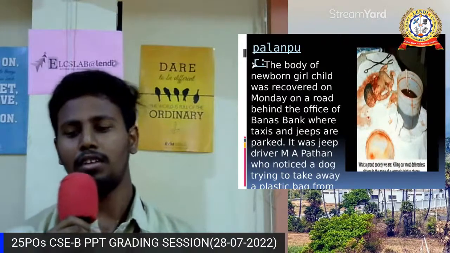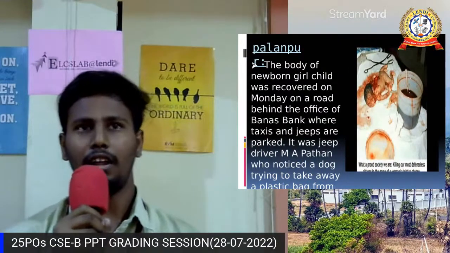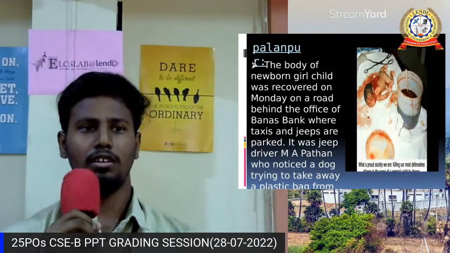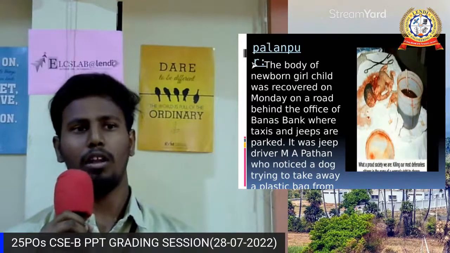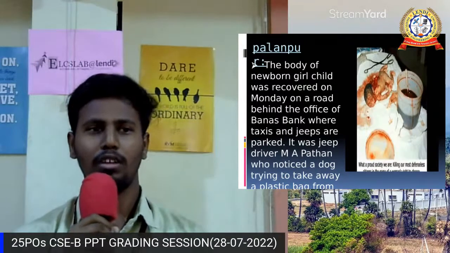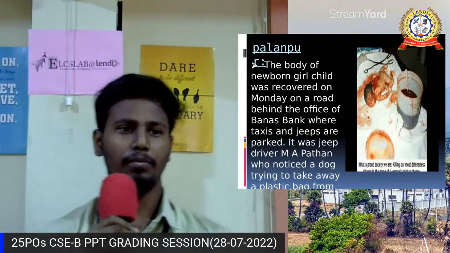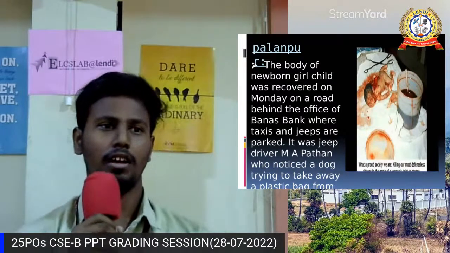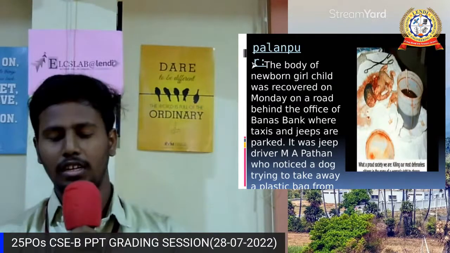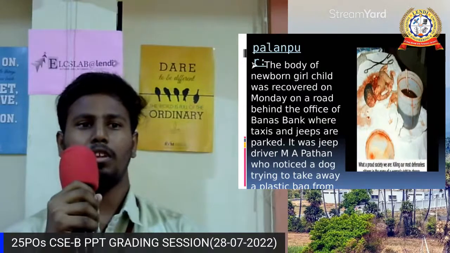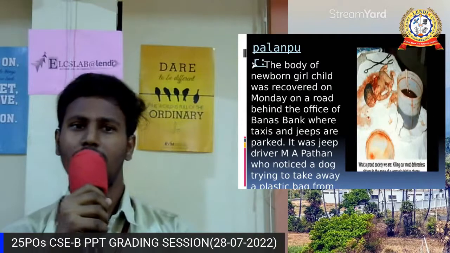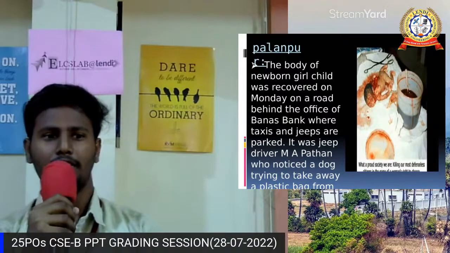In Palanpur, a village in Gujarat, a driver observed a baby girl in a polythene cover, with wounded blood, near a bank, which means that parents are killing the girl child when they are born, which states that girls are fewer compared to boys. This is to be avoided by parents.